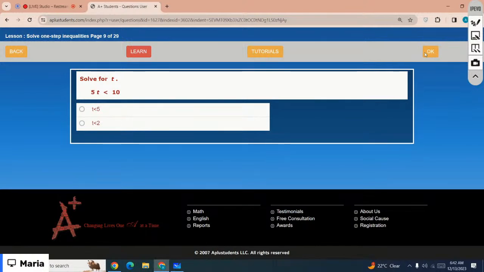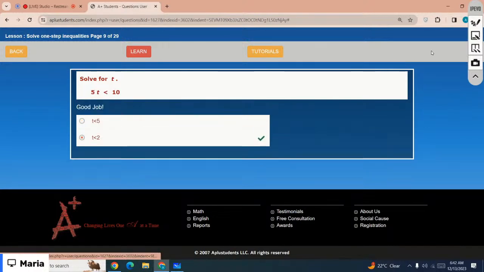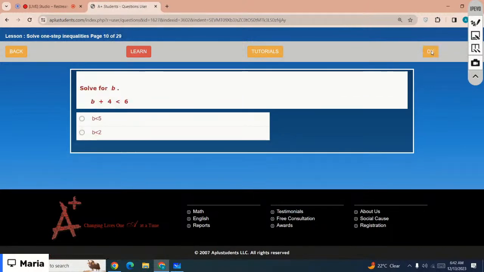Yes, the correct option is t is less than 2, right? Option number 2 is the correct option. Very good. Okay, the next one is solve for b.